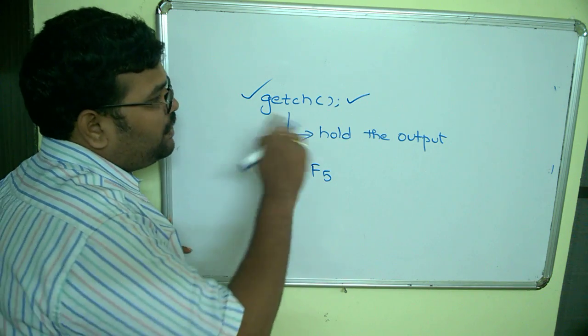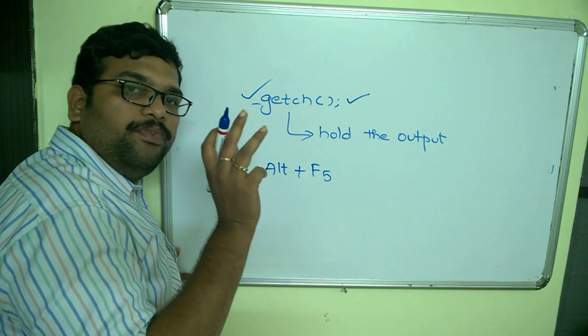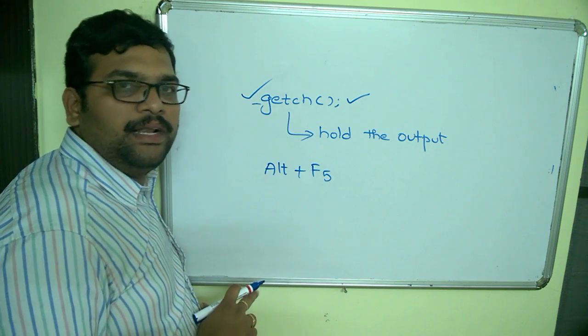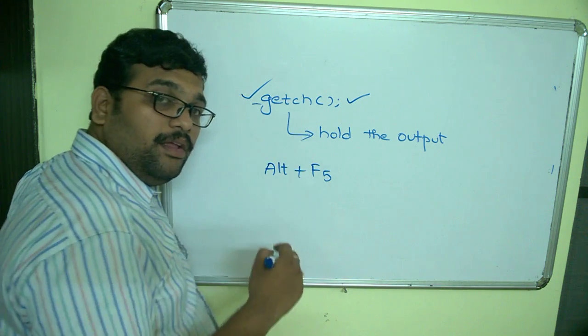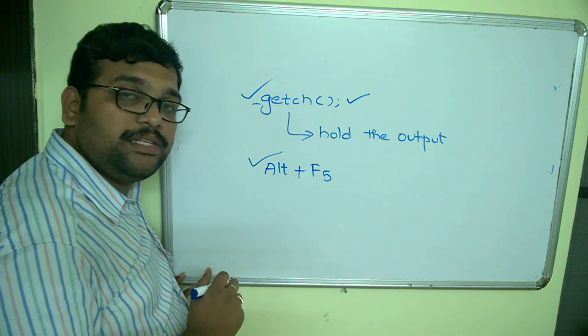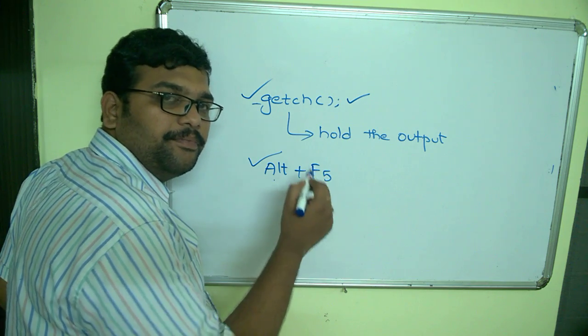In the absence of getch in the C program, the output will be displayed immediately and it will get back to the compiler screen. So in order to verify the output, we have to use the shortcut keys Alt plus function key F5.